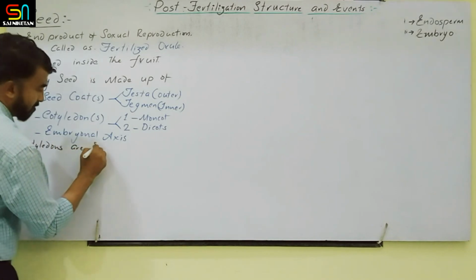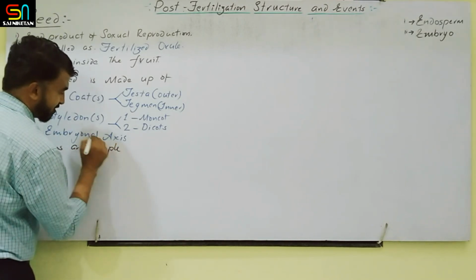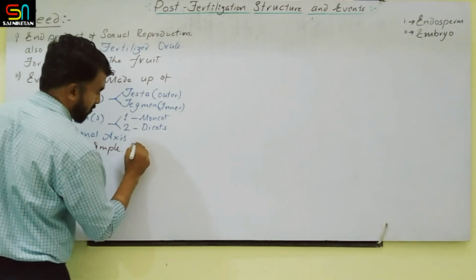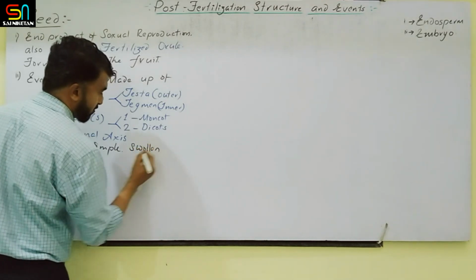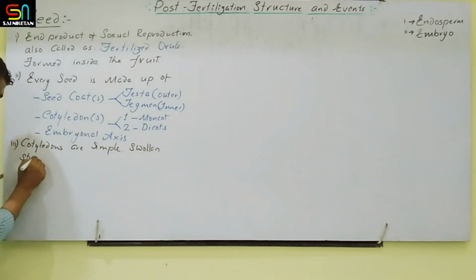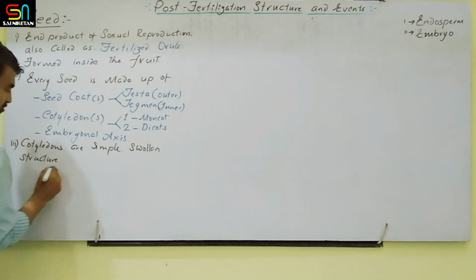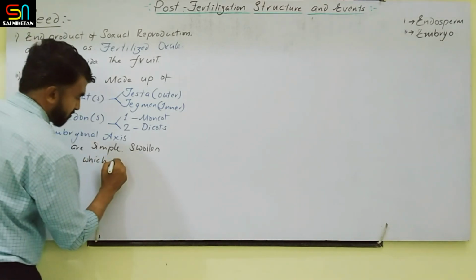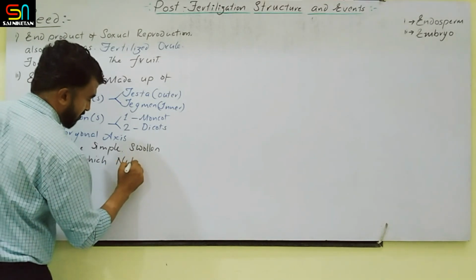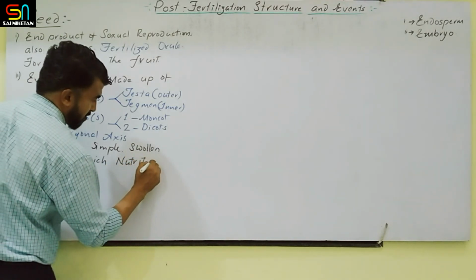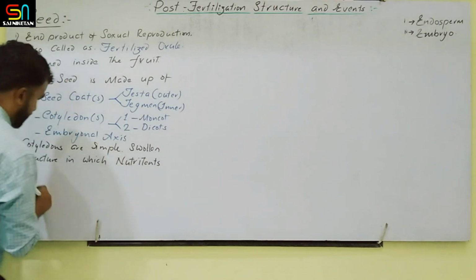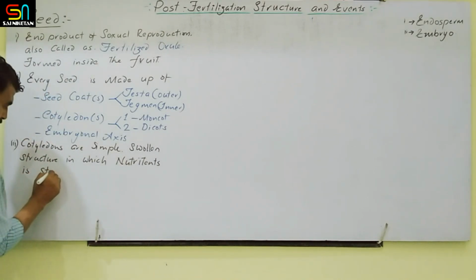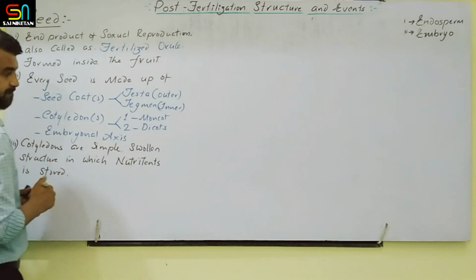Next, third point: cotyledons are simple swollen structures in which nutrient is stored.